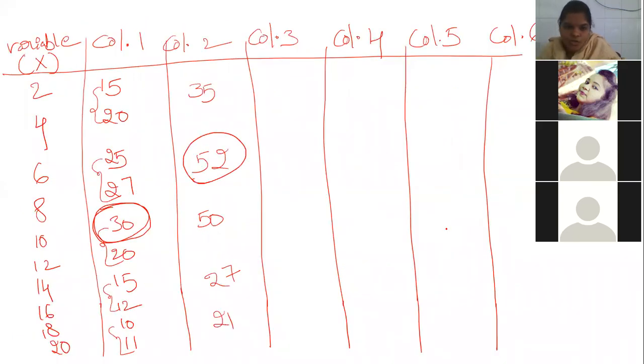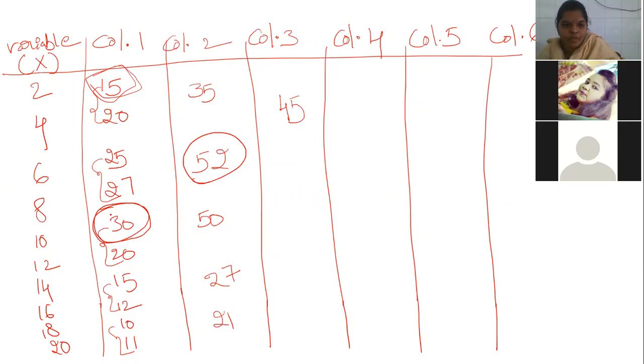See here. You just leave this first frequency 15. You just add 20 plus 25. How much? 45. 27 plus 30, 57, I think. Then 3 plus 1... 35. 22.